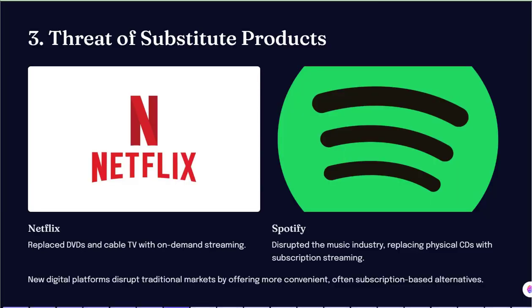Number 3 of the 5 forces is the threat of substitute products. For example, Netflix has replaced traditional DVD and cable TV with on-demand streaming, providing a more convenient viewing experience for consumers. Spotify has disrupted the music industry by offering a subscription-based streaming service that has replaced physical CDs.